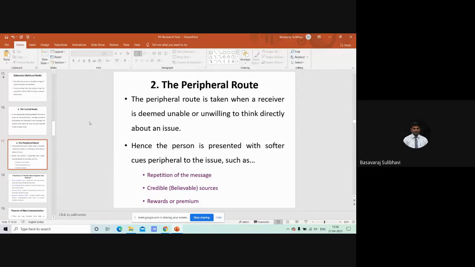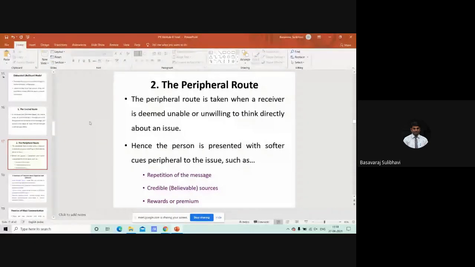Fine. Next, the person is presented with softer cues, peripheral to the issues, such as repetition of the message. The message has to be repeated again and again to the customers.